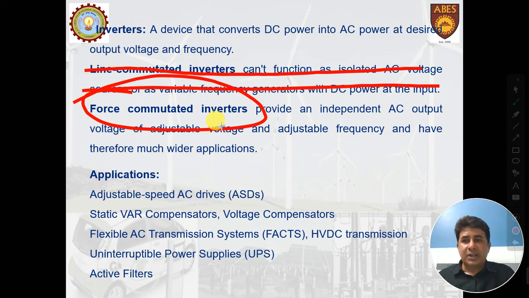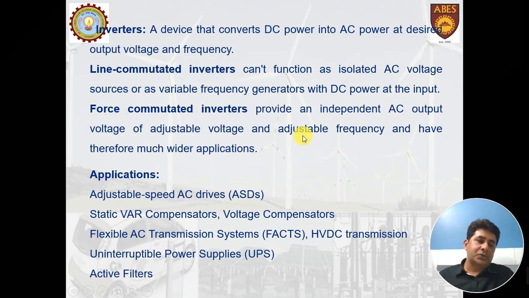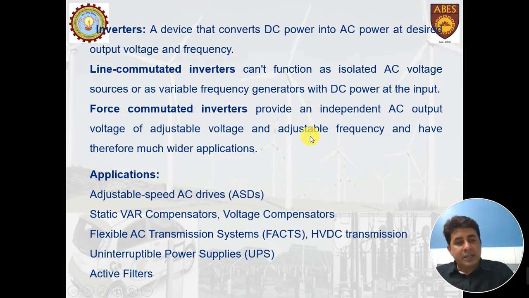So this lecture will cover the discussion on force commutated inverters, and these are the inverters which are widely used in industry, in public sector, for the power sector, for our homes, domestic, industrial, commercial, everywhere you will find the application, the use of an inverter.